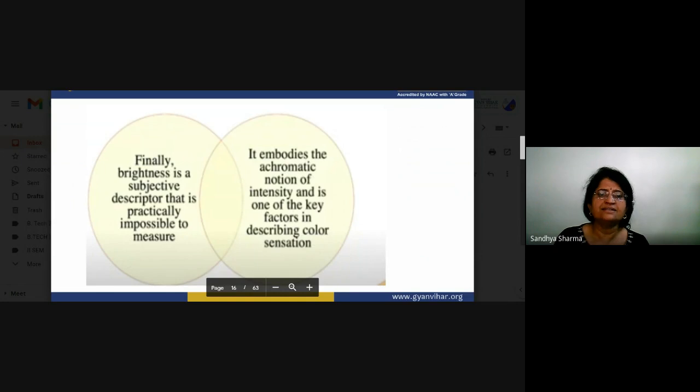Finally, brightness is a subjective descriptor that is practically impossible to measure. But it embodies the achromatic notion of intensity and is one of the key factors in describing the color sensation.